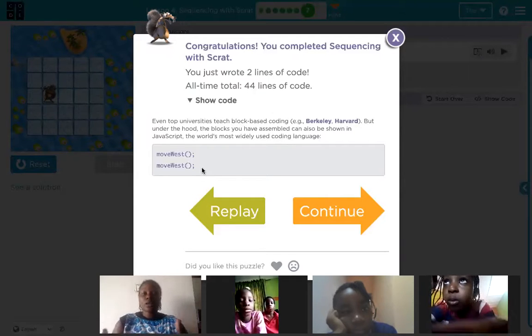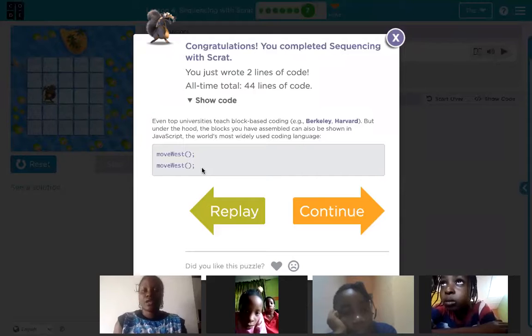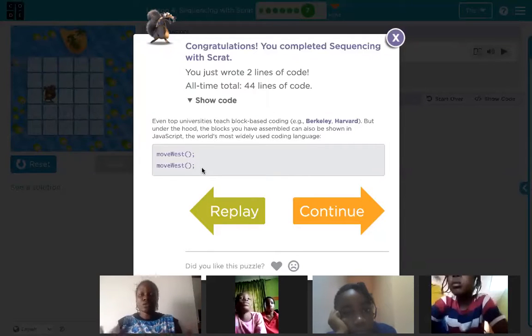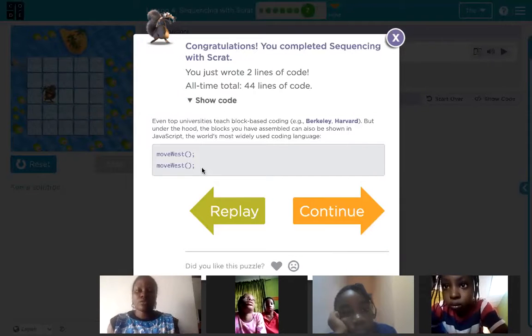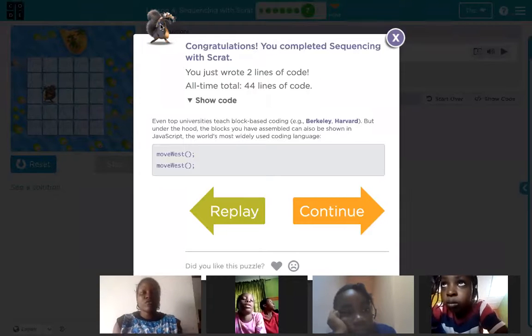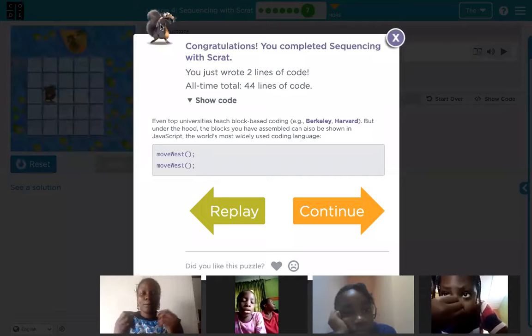Okay. So when you have different codes together, they tell the computer to do a particular instruction. That is what you call a program, a set of instructions that you tell your computer to do. Right now we told our computer to move this animal to the acorn by moving it to the west 2 times.